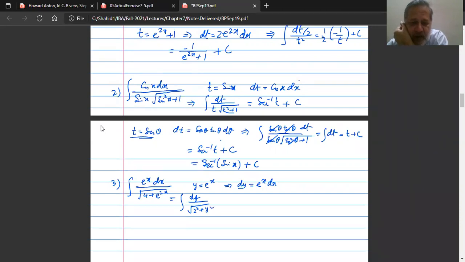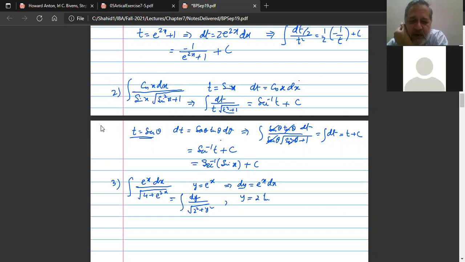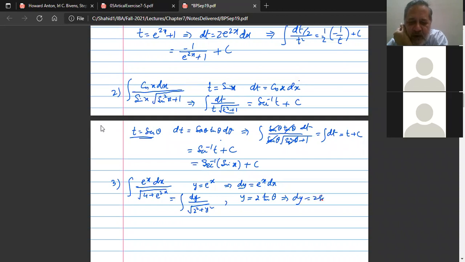And now this is constant square plus variable square. The substitution should be a tangent theta, that is 2 tangent theta. That makes dy is equal to 2 secant square theta d theta, and then this integral becomes 2 secant square theta d theta upon square root of 2 square plus y square, that is 2 square tangent square.